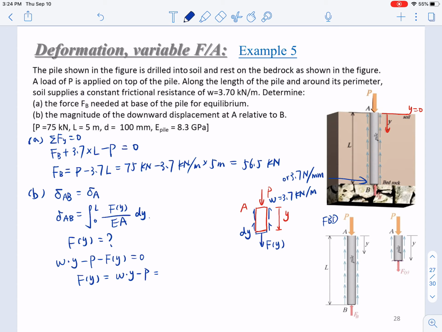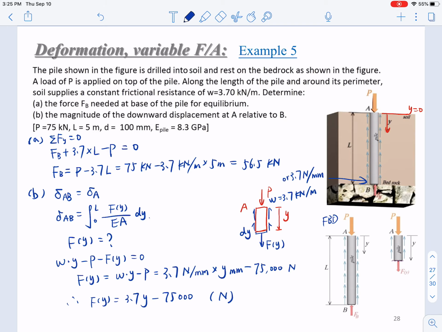So that will be 3.7 Newton per millimeter times y millimeter minus P, which is 75,000 Newton. Okay. This is our Fy. So Fy equals 3.7 y minus 75,000, and the unit is Newton.